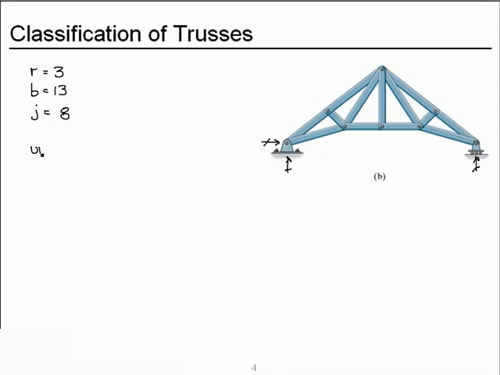Again, we'll compare our unknowns, which is R plus B, 16. My number of equations, which is 2 times the number of joints, which is 16. Subtract my number of equations from my number of unknowns, 0, which implies statically determinate.